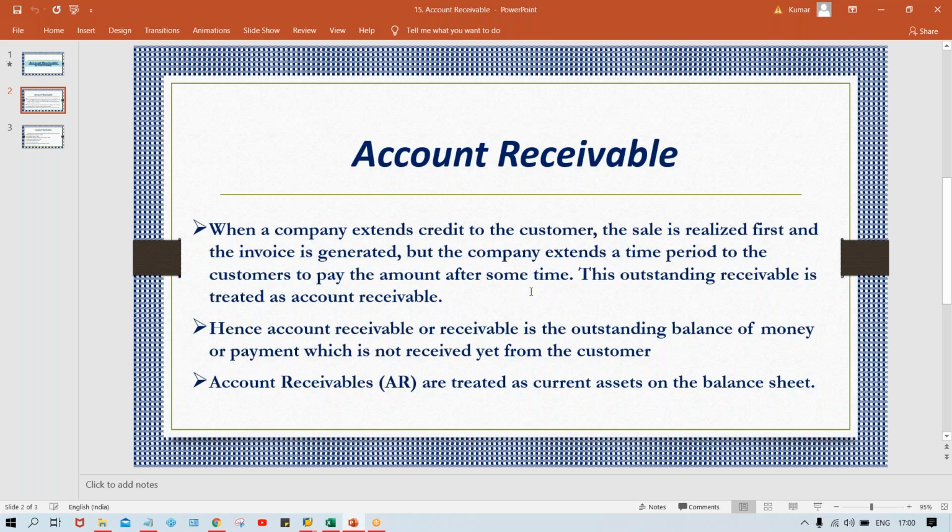See, as I told you, if you are able to remember account payable, so in account payable, whenever we are going to make any purchase from a vendor, that is called a credit purchase.